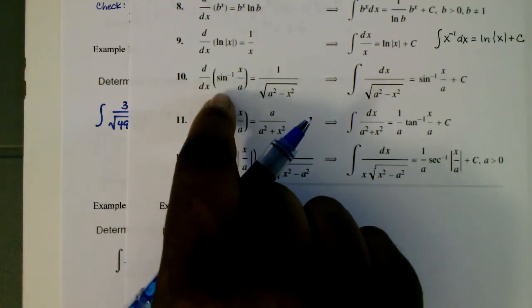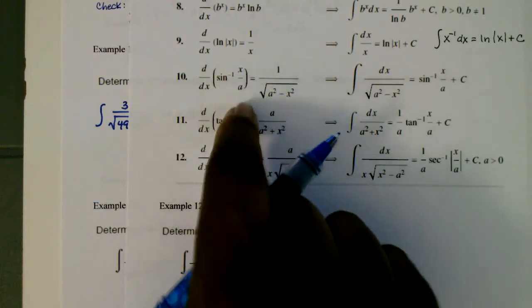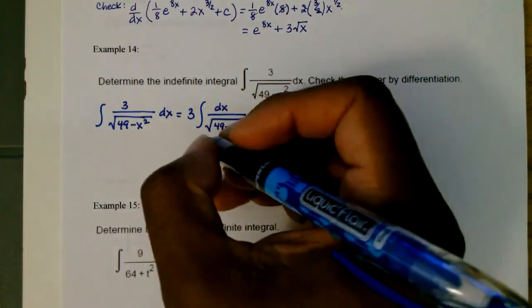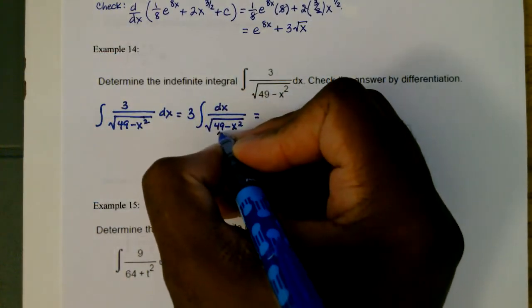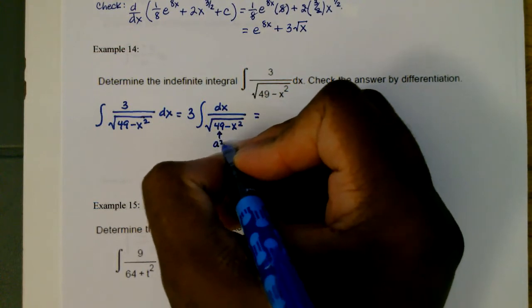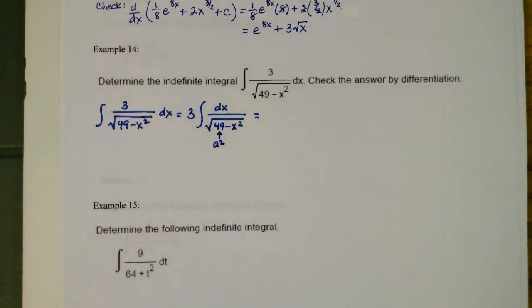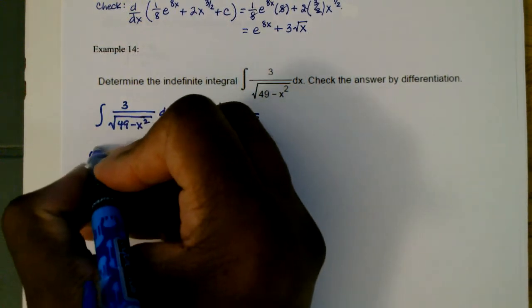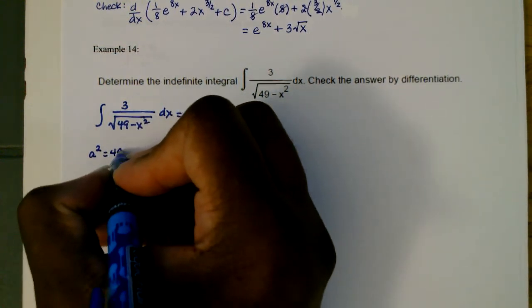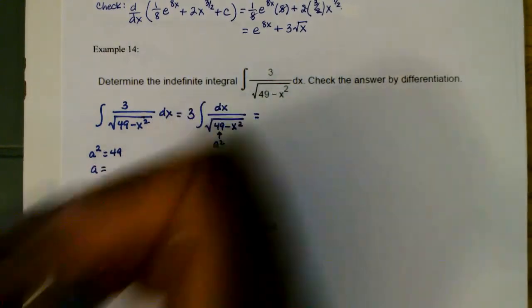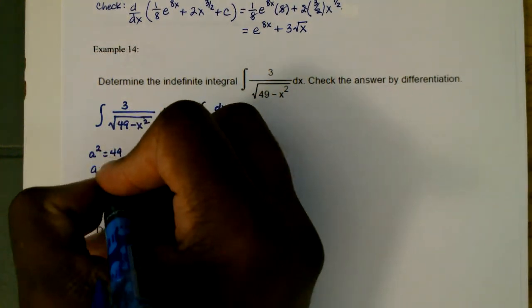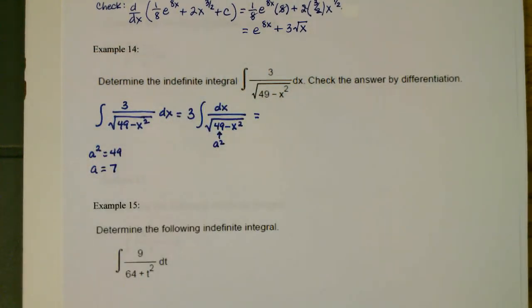I can use the inverse sine of x divided by a. Now I need to find out what a is in this case, because this part represents a square. And here a squared is 49. So for a, you have to determine what number times itself will give me 49. It will have to be 7. So here a is going to be 7.